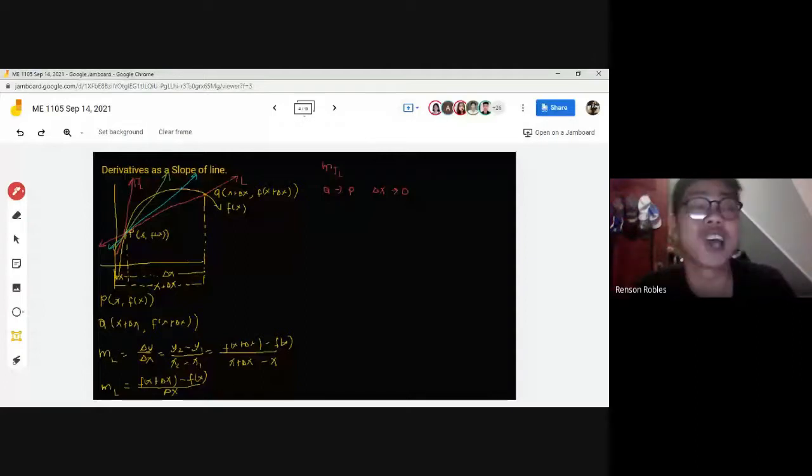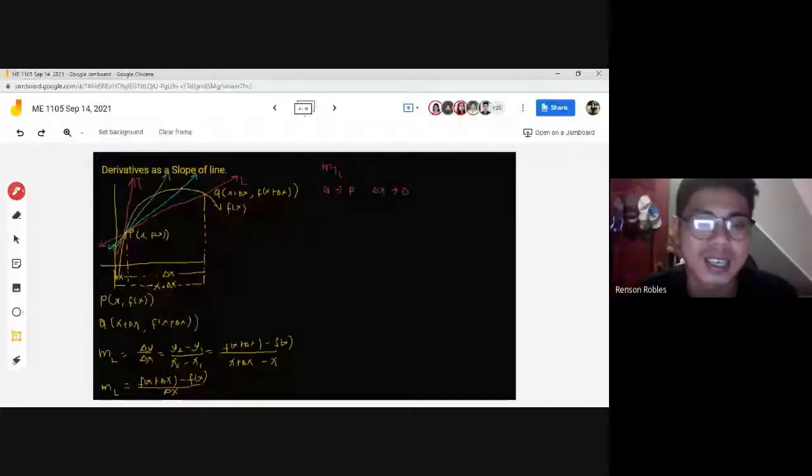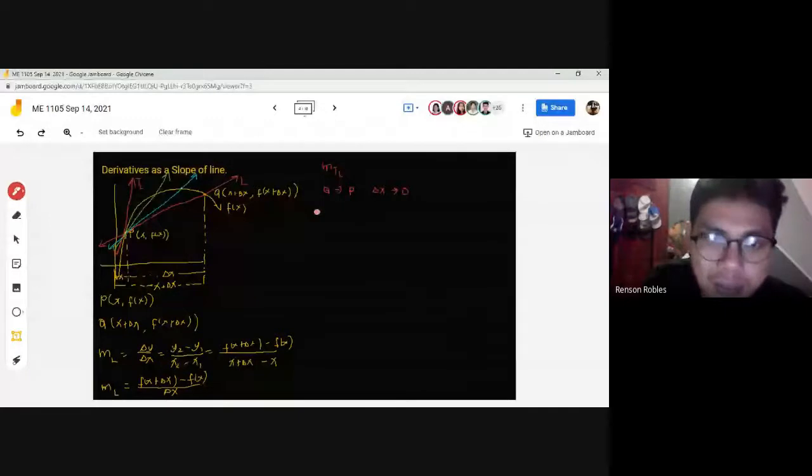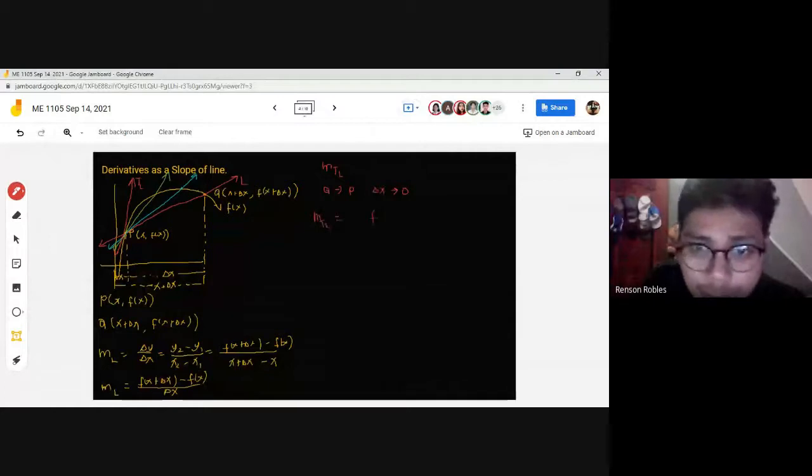But there is still a difference between y2 and y1, and x2 and x1. So that's why there's still a delta x, but very, very small. Now, to get the slope of the tangent line, we just copy this slope: f of x plus delta x minus f of x, all over delta x.